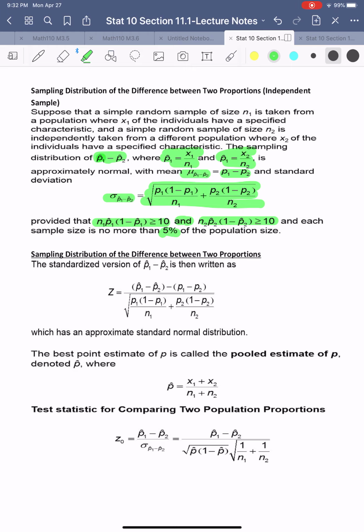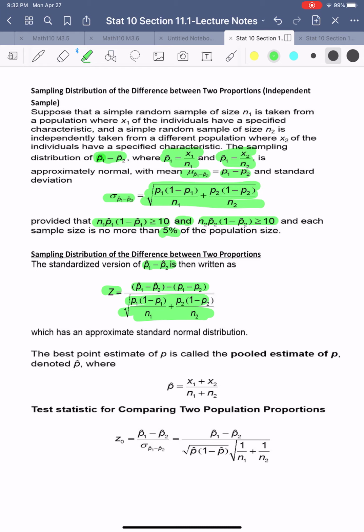So for the sampling distribution of the difference between two proportions, the standardized version of p1 hat minus p2 hat is written as z. This is the formula we use for the z score, which approximates the standard normal distribution.